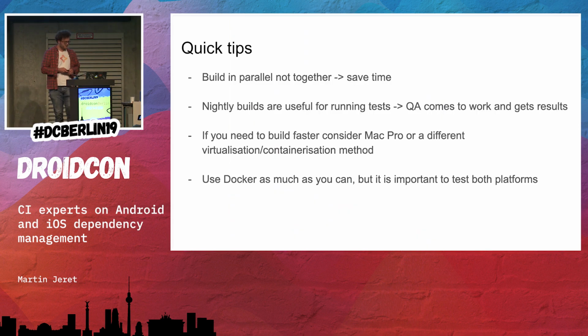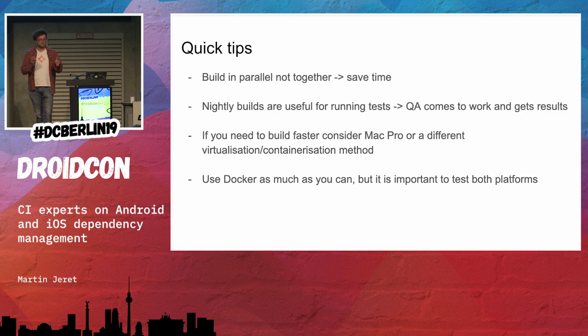But to give you some quick tips on how you can save time: build in parallel, not together. For example, if you're building for cross-platform technologies, set up different workflows to build your Android on one workflow, iOS in another workflow, and web in a third workflow if you're using Flutter. Nightly builds are really useful, especially if you have a QA team and you have your emulator or driver tests.